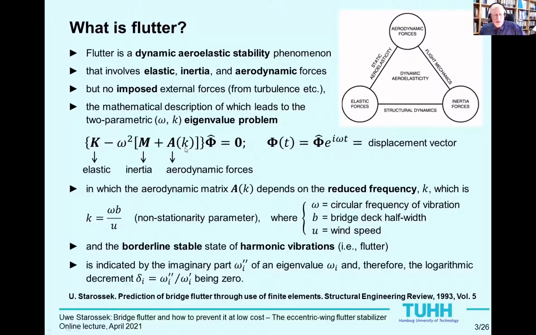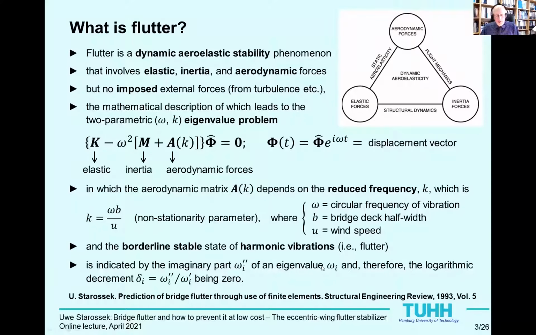The flutter speed is a limit speed, similar to the buckling load of a column. It is associated with a borderline stable state of harmonic vibrations in which the vibration amplitude neither decreases nor increases. The decrease of the vibration amplitude in a certain mode of vibration i is described by the logarithmic decrement delta i, which in turn is related to the imaginary part, omega i double prime, of the corresponding eigenvalue, omega i.